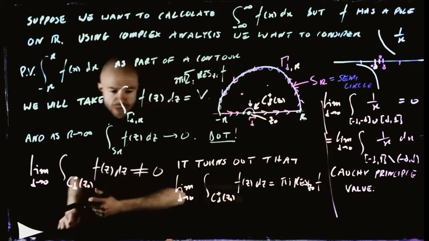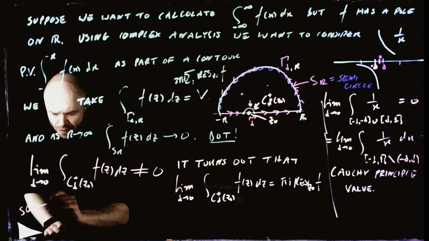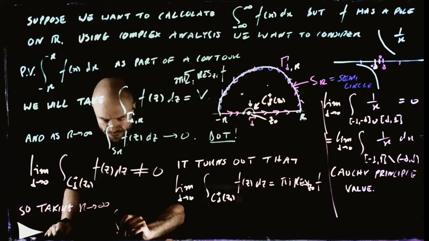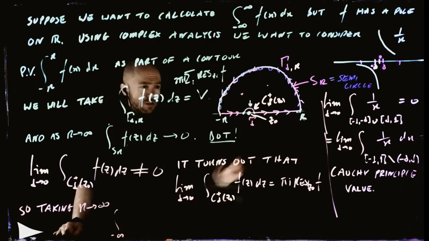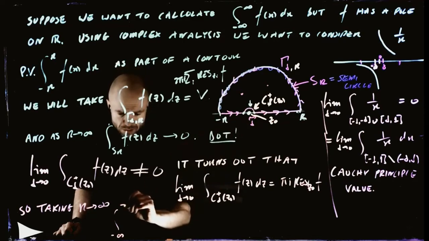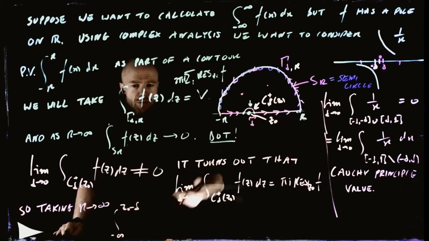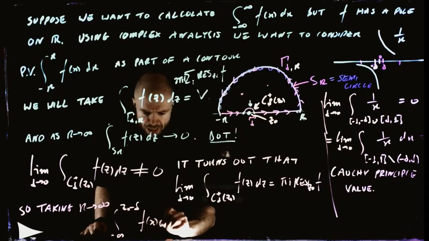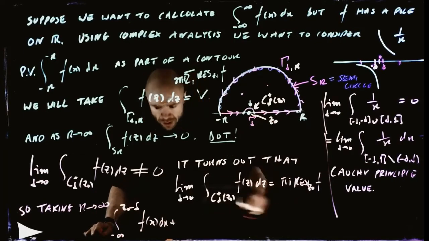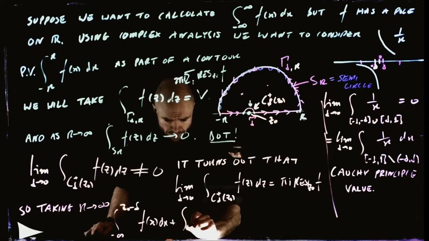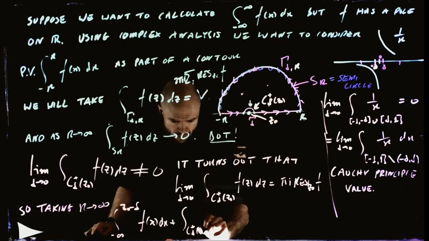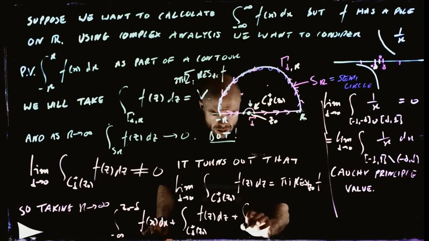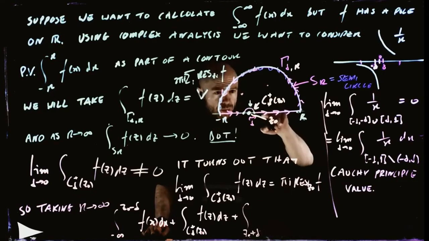So if I write that in the language of maths, taking R to infinity, we will have the integral from minus infinity up to Z0 minus delta, where Z0 is on the real line, so this is a meaningful thing, of our function f of x dx, plus this guy right here, because we can't ignore it because it's actually there, and then the integral from the real part from here onwards.